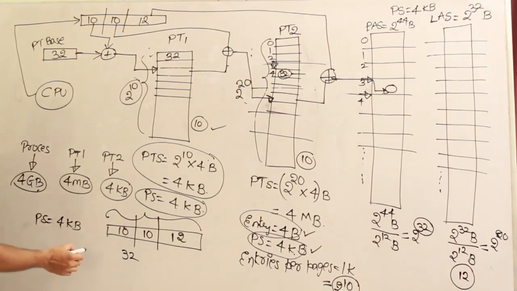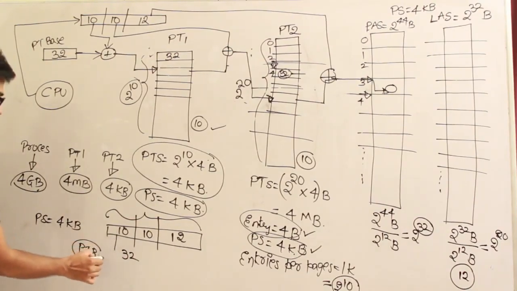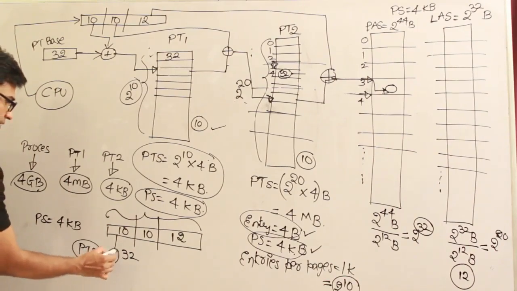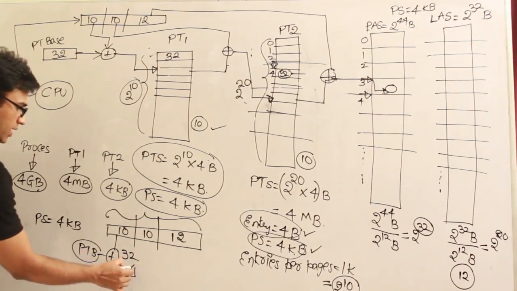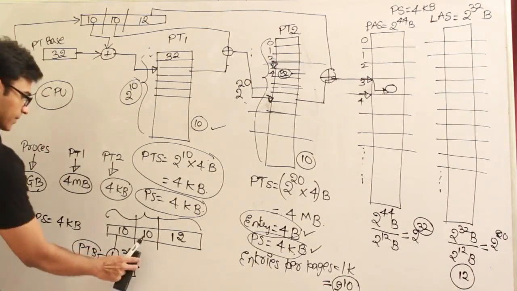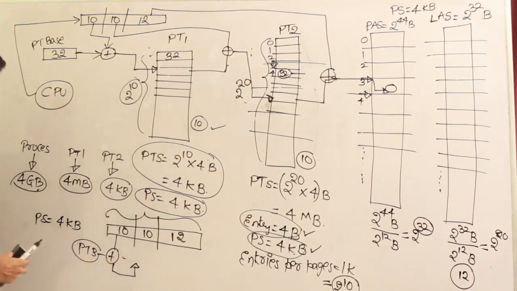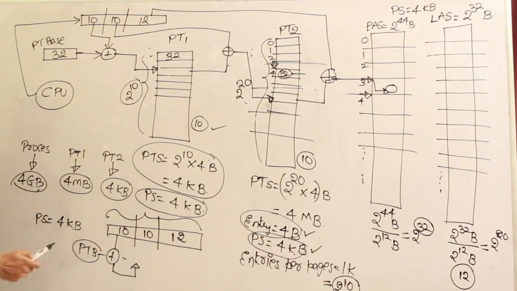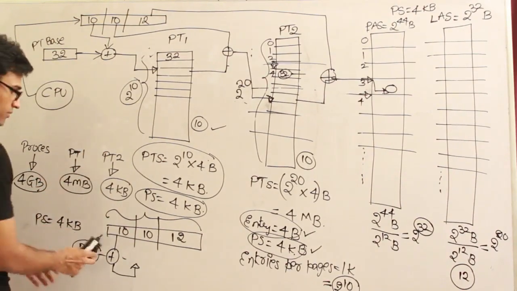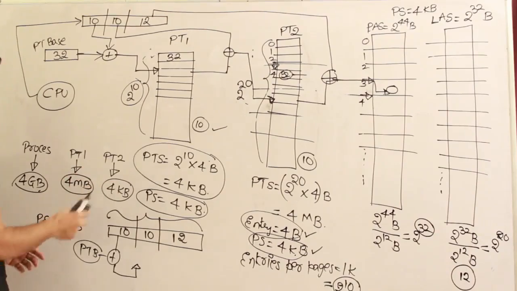So if I take the page table base and if I add this, right, then I am going to get the base of the frame in which one page of page table 1 is present, right?